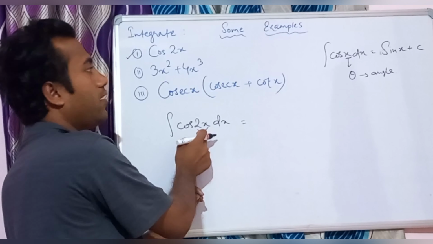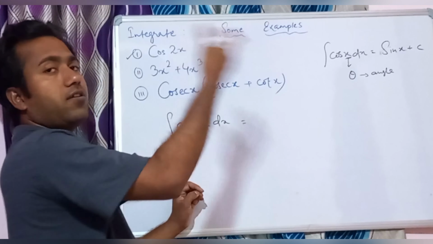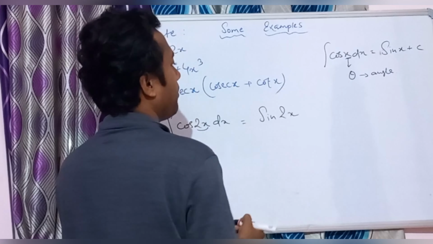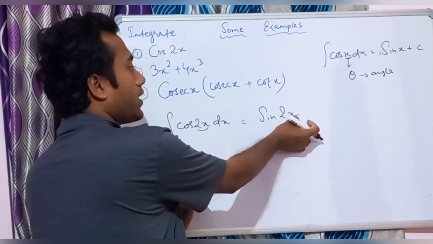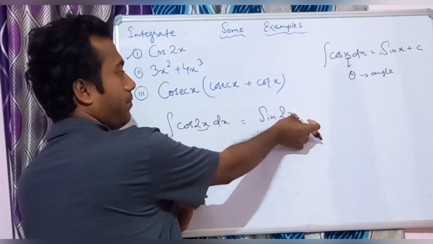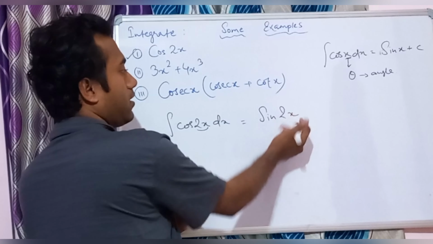So cos theta becomes sin theta. Now whatever number is multiplied with x, we divide by that number and then add the constant. That's the answer.